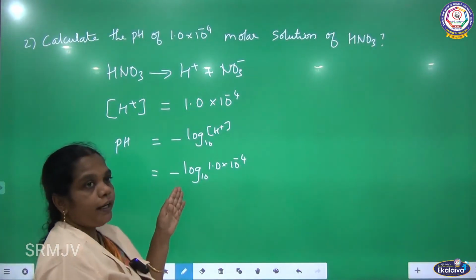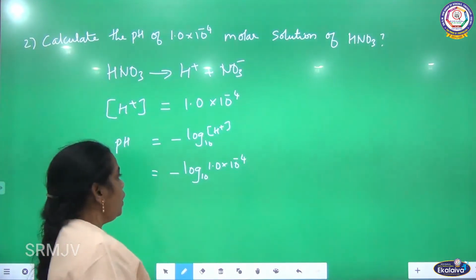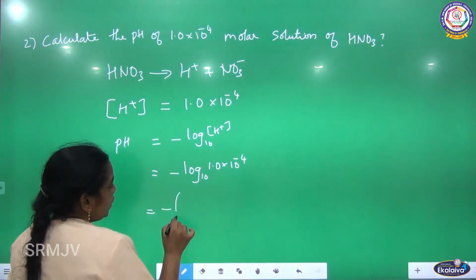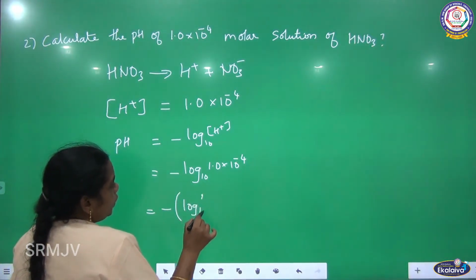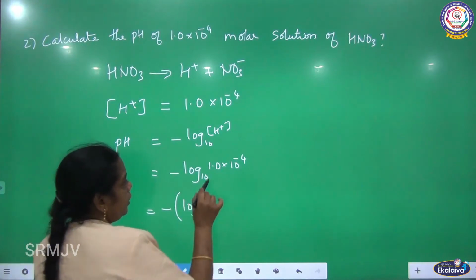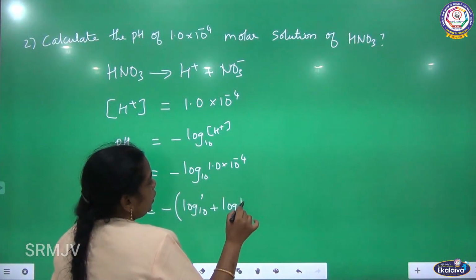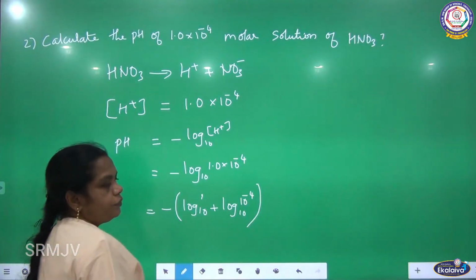So now you can write it using the logarithmic product rule. Now you have to take the negative sign outside and log 1 to the base 10 plus log 10 to the power minus 4 to base 10.